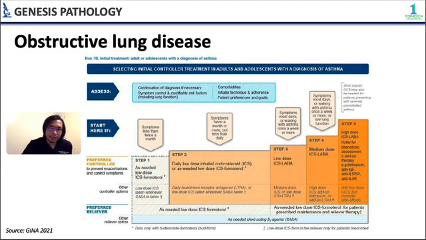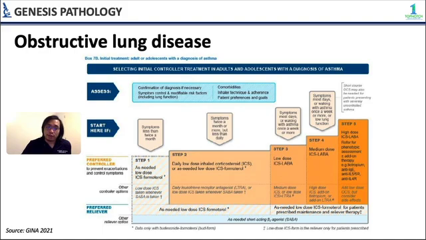No, this is from GINA guidelines. Mabilis lang, no? Your asthma is an obstructive lung disease, pero it is supposed to be reversible, no? How would you document the reversibility? Okay? Usually spirometry, no? We have to do spirometry.